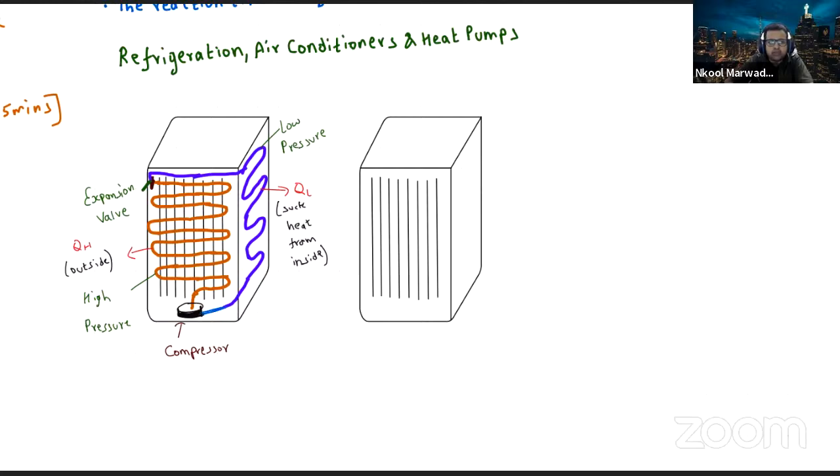In the terminology, the blue pipe is called the cooling pipe, and it is present inside the fridge that we have already seen. Let me write this: cooling pipe.